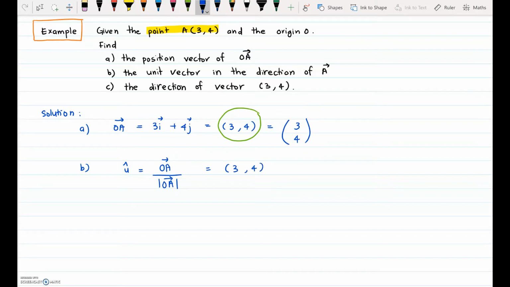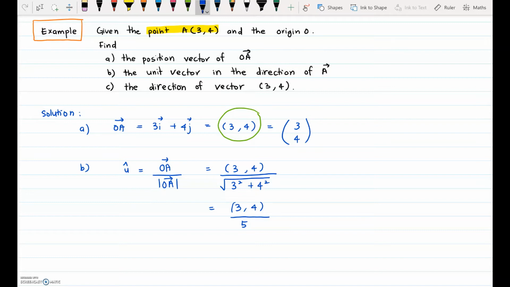We divide by the magnitude, which is the square root of x squared plus y squared, that is 3 squared plus 4 squared. So we have (3, 4) divided by 5. But this is not your final answer.